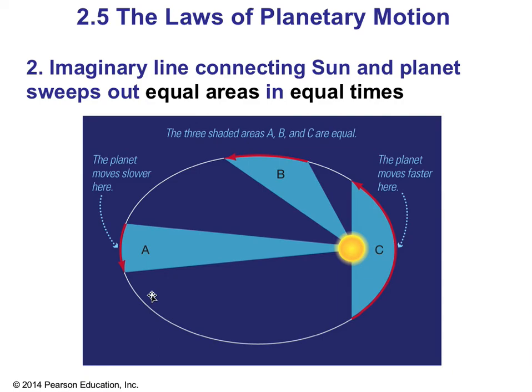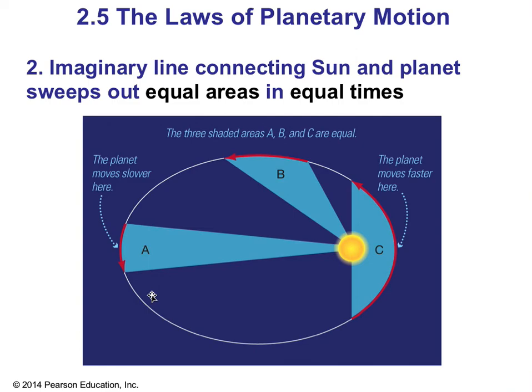So, for example, if we were to measure the area of the triangle indicated in this picture as triangle A, it is going to be the same area as the one the planet sweeps in area C. Now, the very interesting part is that the time it takes for the planet to sweep area A is exactly the same as the time it takes for the planet to sweep areas B and C.